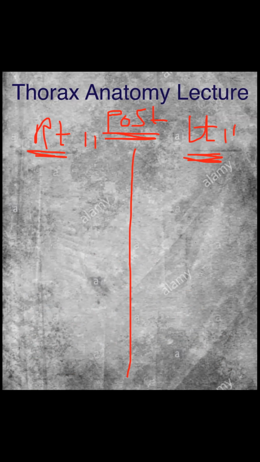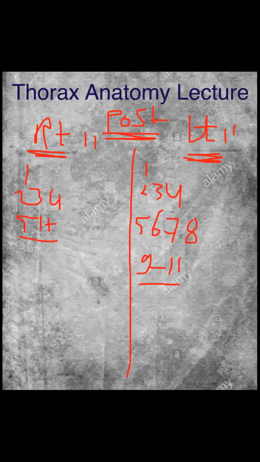While here 1, 2, 3, 4, 5, 6, 7, 8, then from 9 to 11. Okay, please focus. The first right posterior intercostal and the first left posterior intercostal are draining into the corresponding innominate vein. The first right posterior intercostal into the right innominate vein. The first left posterior intercostal into the left innominate vein.